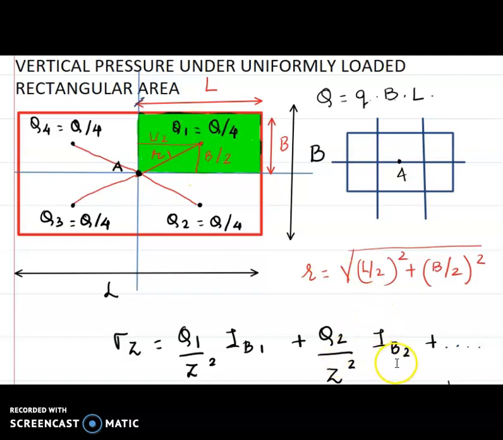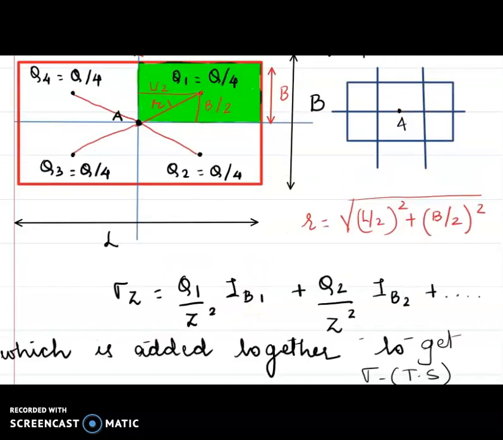Q2 by z squared into IB2. Then similarly Q3 by z squared into IB3 plus Q4 by z squared into IB4. So you will get the stress at point A due to all the 4 point loads. Okay. So together all the individual stresses due to individual areas will be added to get total stress. This TS means total stress.